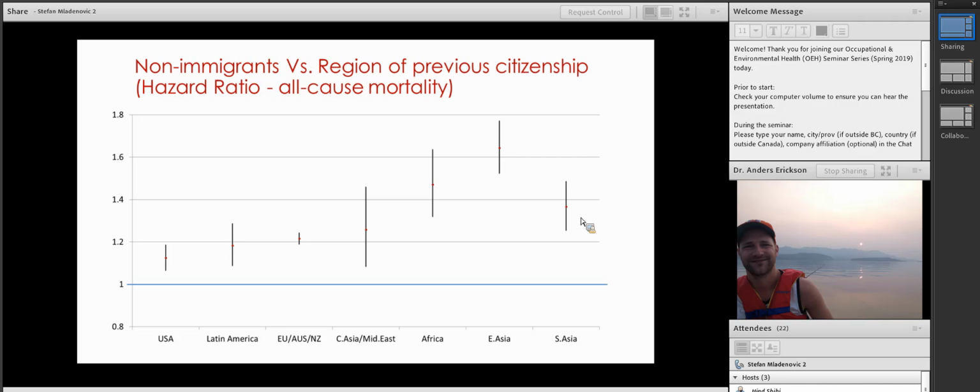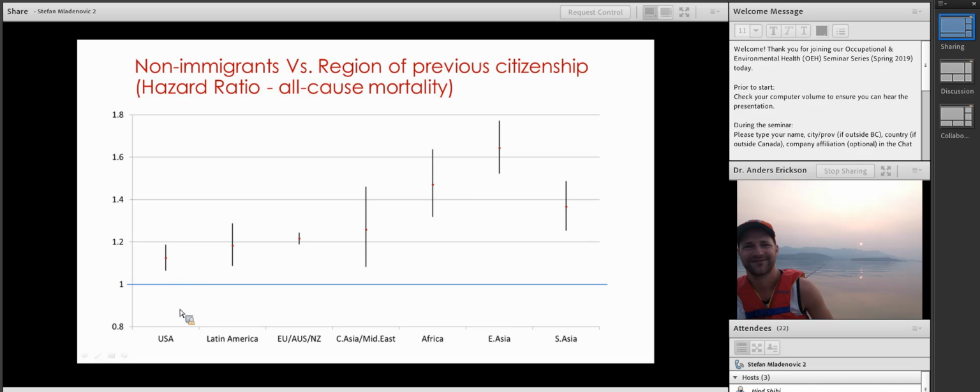So the next set of slides are the hazard ratios for all-cause mortality. Irrespective of air pollution, this is just the hazard ratios for the different immigration groups. This one is for previous region of citizenship, and these are hazard ratios compared to non-immigrants.